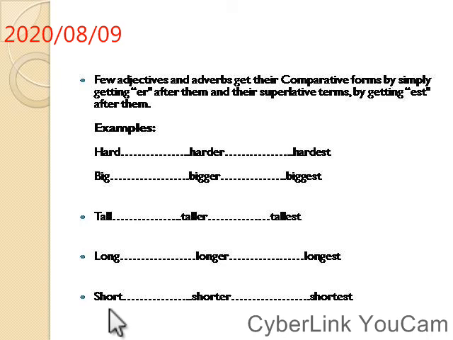Okay, this is the way you write degrees of comparison: positive degree, comparative degree, superlative degree. Hard, harder, hardest. You have to see this. If they ask you to write in positive degree, it should be the first form of the adjective, hard.